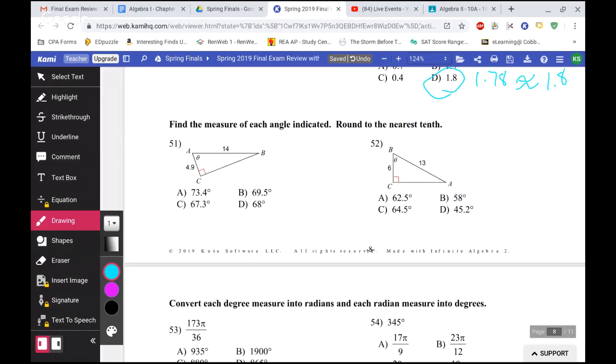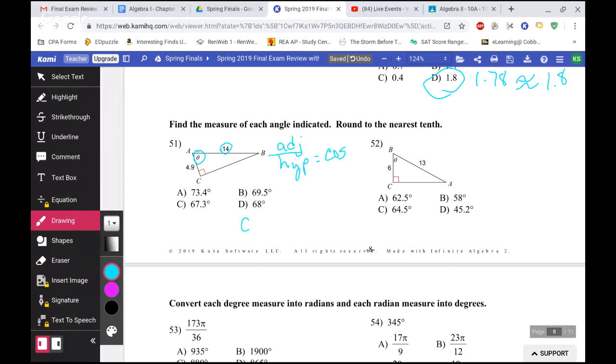On this one, we're supposed to find the angle measure. So this is where you're going to use your inverses. But you want to look and see what side you're given with respect to your theta angle. And we are given an adjacent side, so adjacent over hypotenuse, and that's going to be cosine.